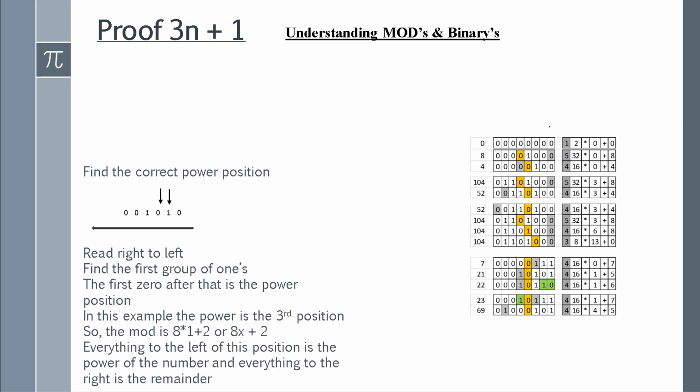And what happened to our power side? We multiplied 1 by 3 and added 1. So we went from 1 to 4 on our power side. Our remainder side, again, we lost a 1 and gave it to the power side.